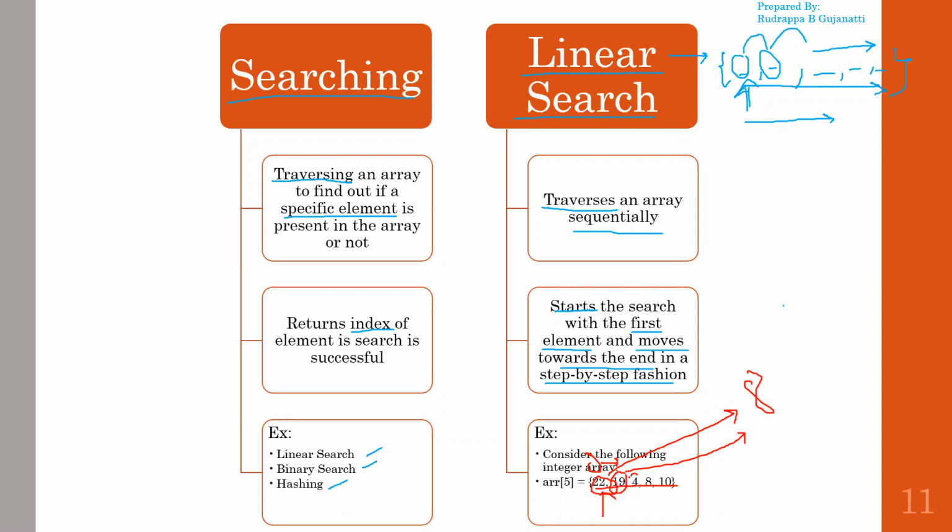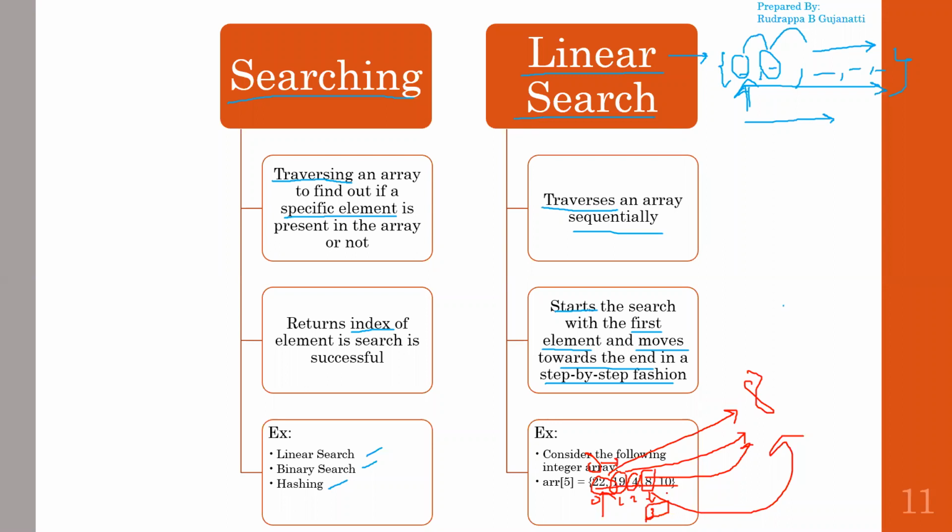The index is incremented, and 4 is compared with 8. These are also not equal. Next the index is incremented, and here we can see that the element is 8. Both are equal, so the index of this element is returned. In this case the index is 0, 1, 2, 3. 8 is present at index location 3.